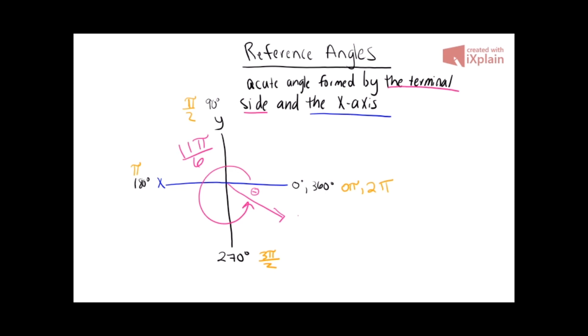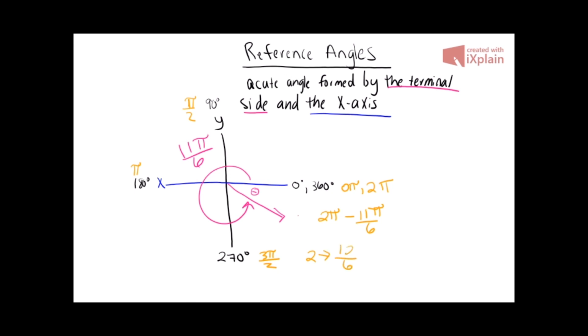So we have to see how much further we need to go to get to 2 pi. So here we can take our 2 pi and we can subtract 11 pi over 6. Now here, since we're working with 2 pi, we still need a denominator of 6. But think about how we turn 2 to have a denominator of 6.